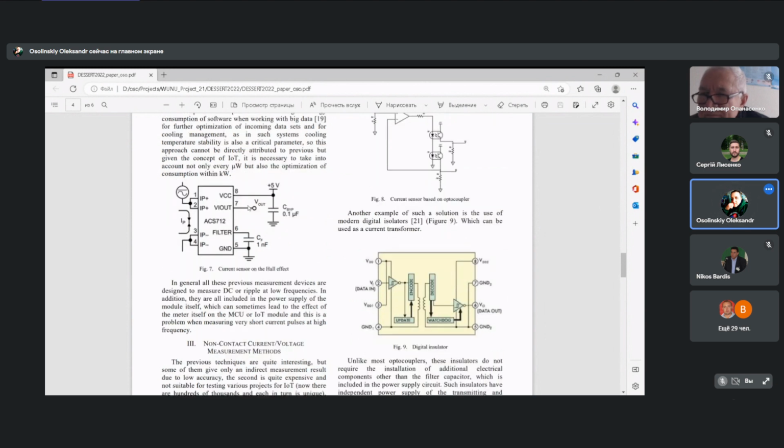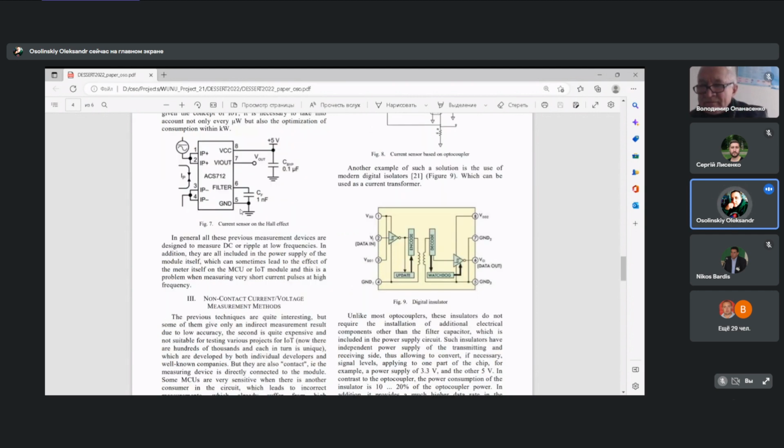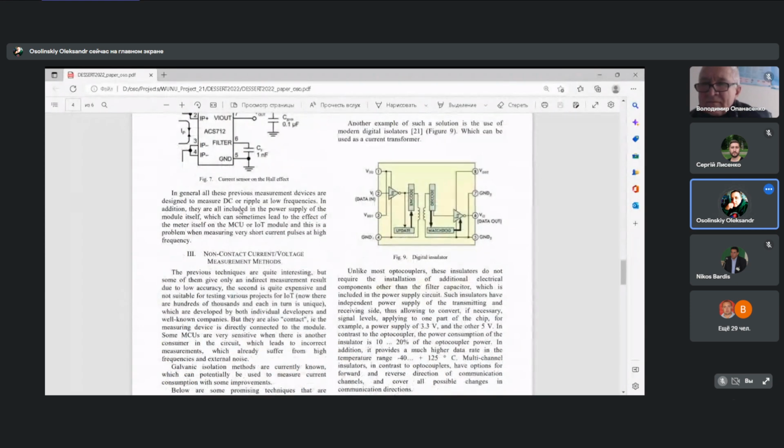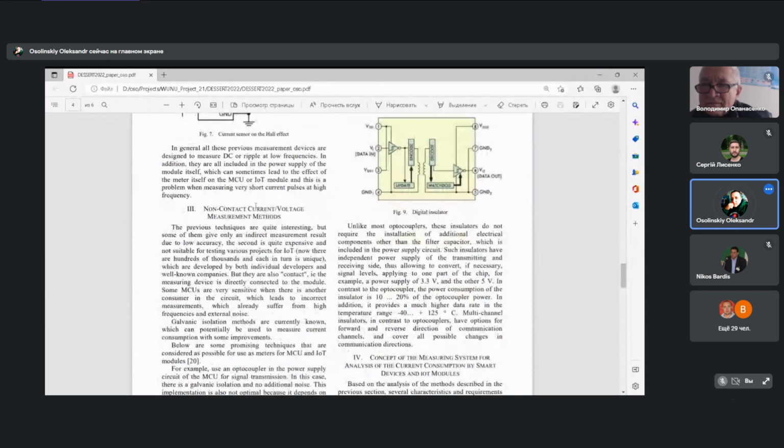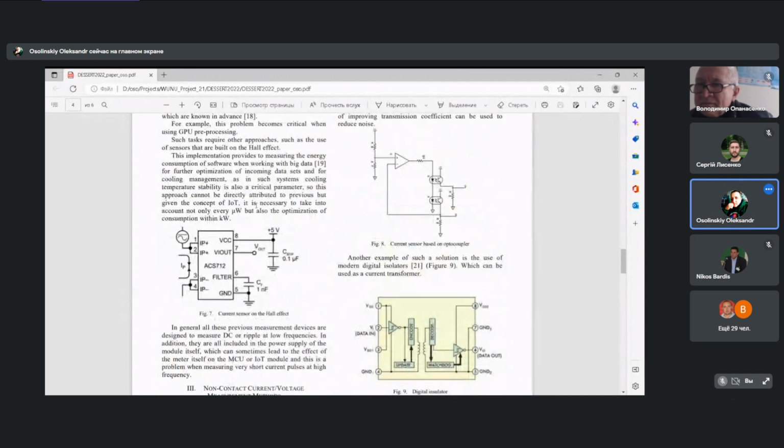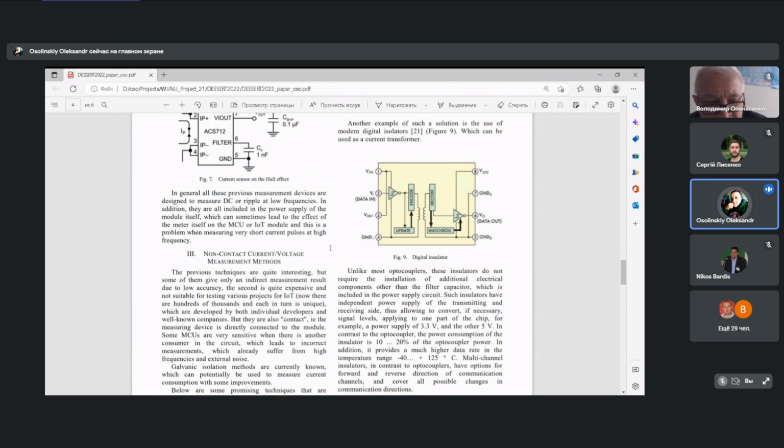All these previous methods connect to the device which is investigated, but there are other methods. They are non-contact methods for measuring, and we can divide them into a few parts: measuring current on optocouplers, or measuring current on digital isolation.